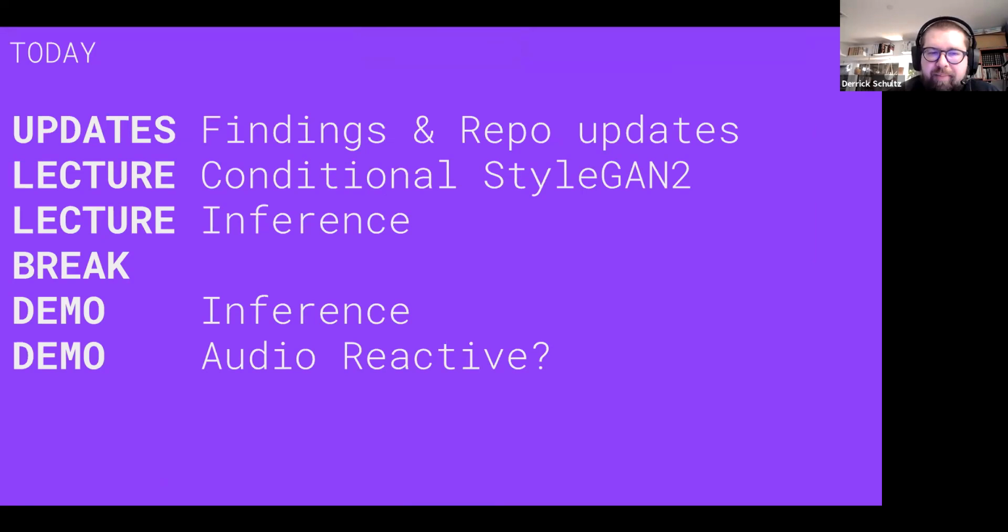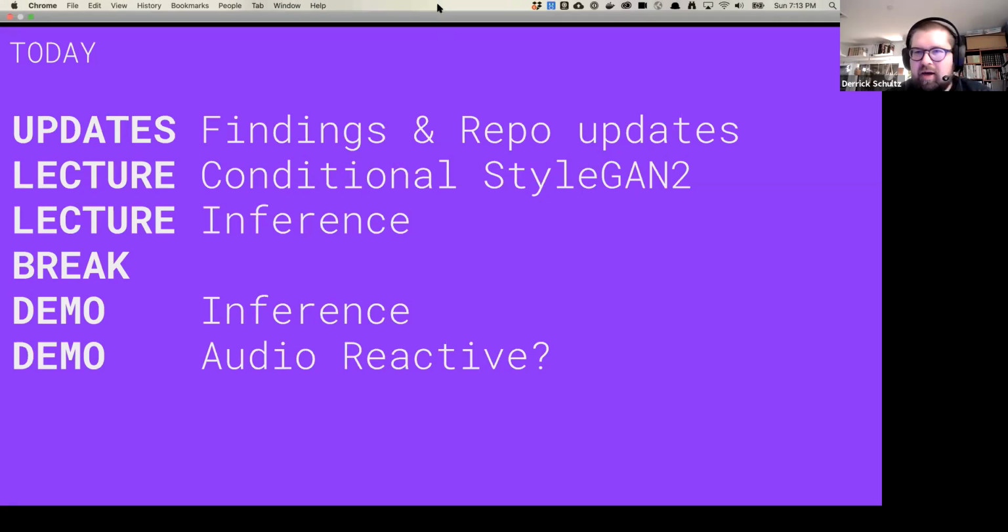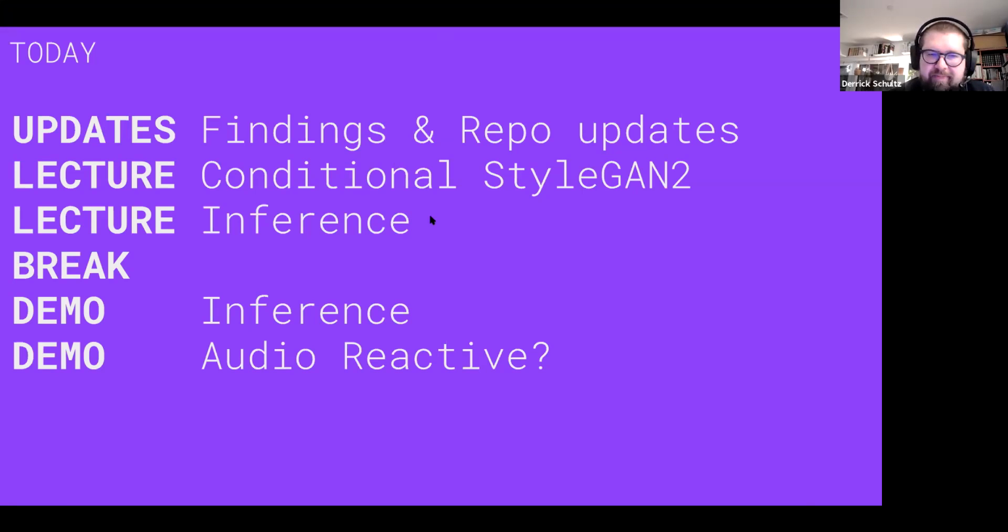Then Leah will cover most of the first part of Inference, and we have a notebook on how to generate images and videos and other things. If we have time, we might look at some more advanced stuff, like an audio reactive example. I know Naoko was asking about this. I do have a notebook for this, so even if we don't get to cover it, you can still go through that notebook and play with things if you're interested. We'll just see where we end up with time, because some of this can take a while.